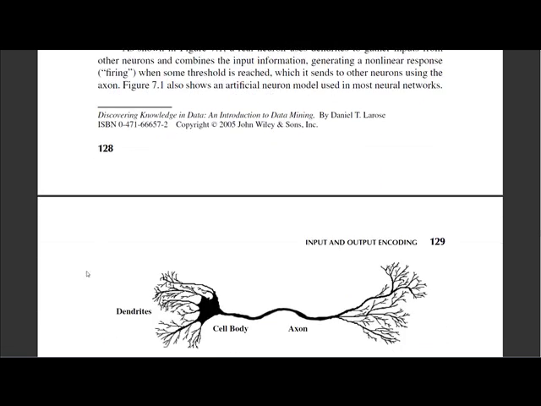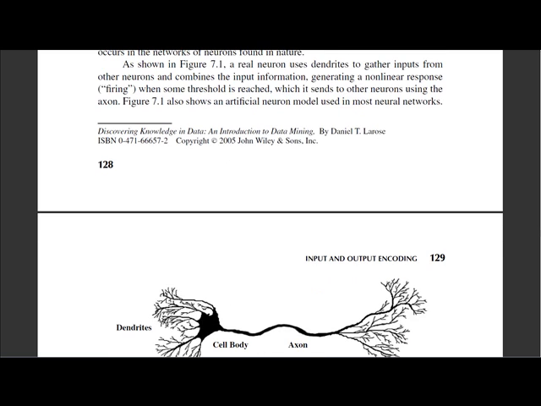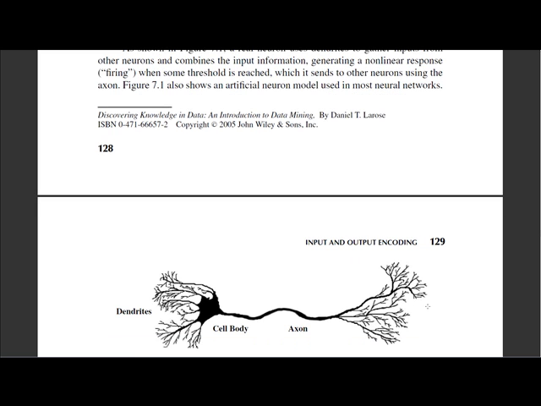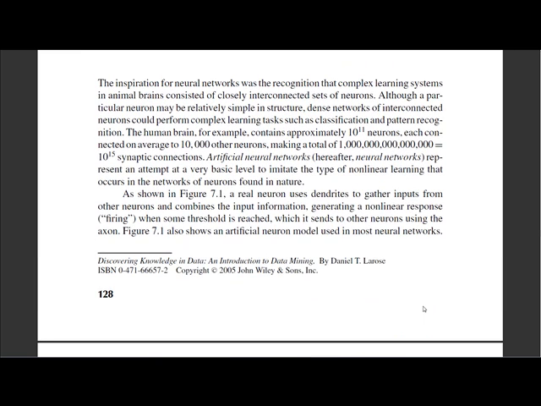So it gets inputs on this side, and then depending on the strength of the inputs here, it might fire over here and give inputs to other neurons. And it combines the input information, generating a nonlinear response. So it doesn't have to be a linear firing.